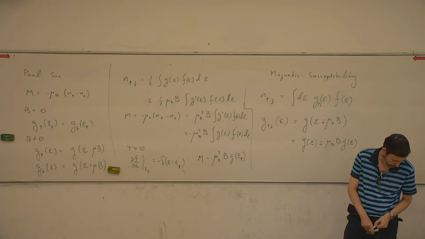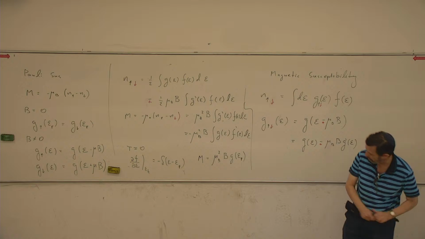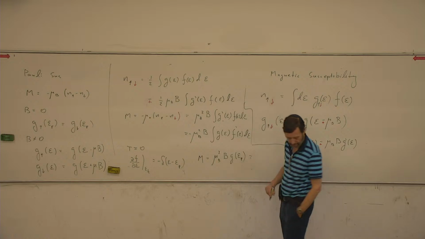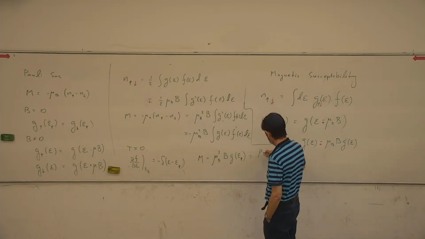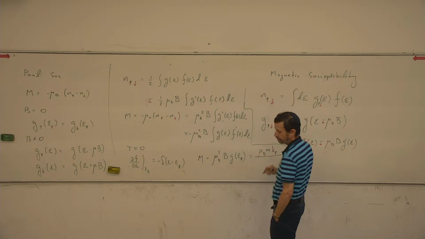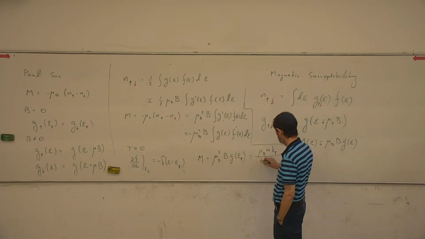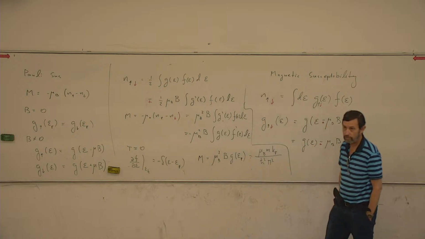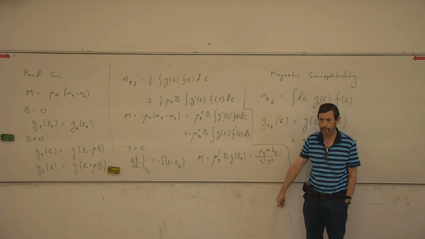And we can put in G(E_F) as we have met. So it gives us, just inserting the value of the density of states at Fermi.